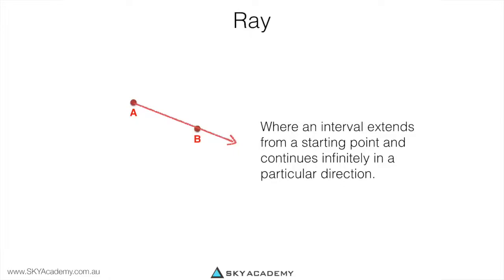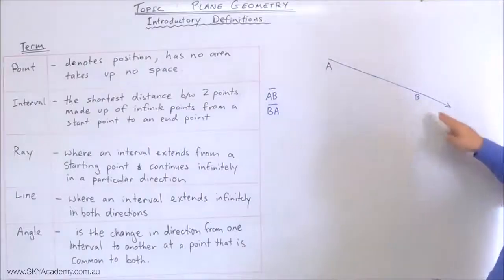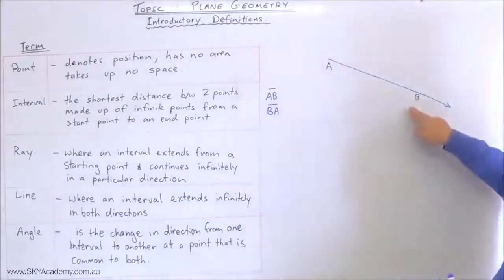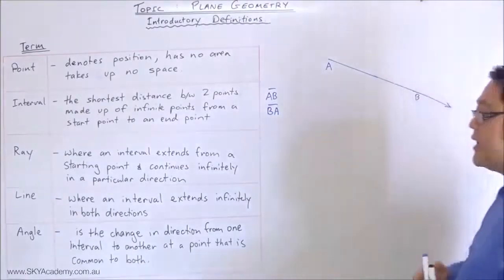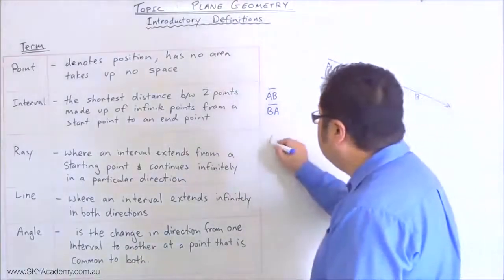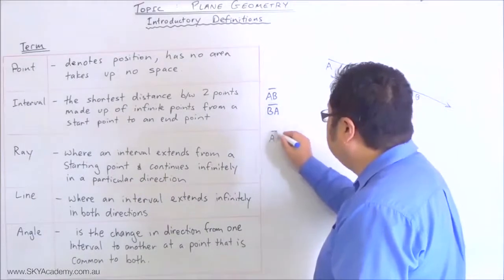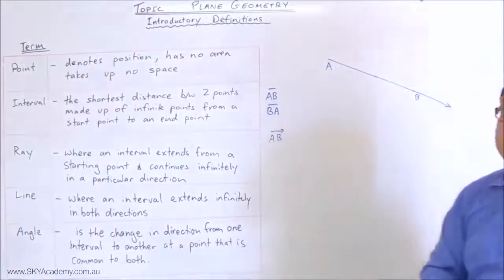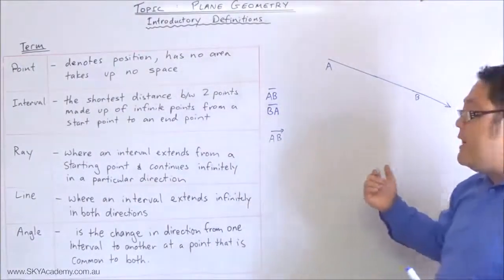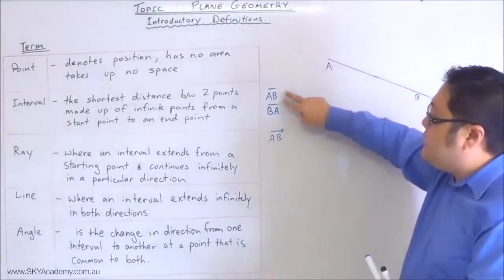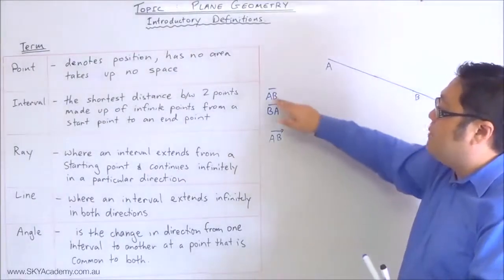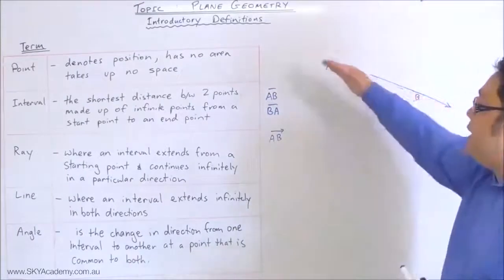So it just keeps going and going and going. So this ray starts at A, goes through B, and keeps going. Okay, so we can call this ray AB, and we put a little arrow there to show that it's the ray AB. Now, just like in this interval, we can go in both directions, AB or BA.